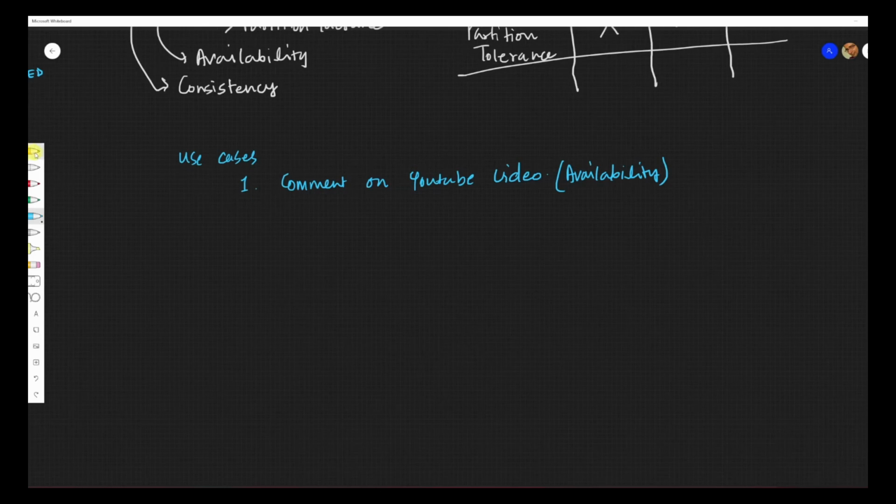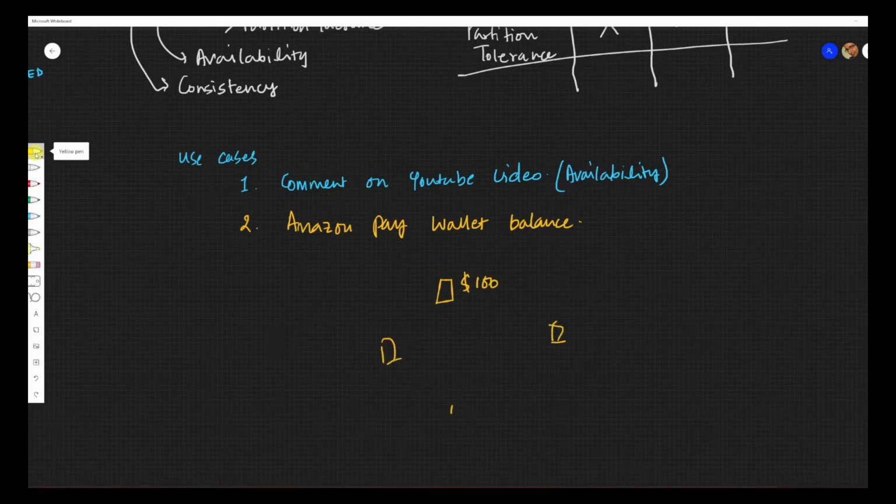So now coming to the next example over here, my Amazon Pay wallet balance. So again, I have say $100, and I have certain nodes like this the same way, and the value is stored over here. So it is stored in 3 places, let's say, and I made a transaction worth say $15.